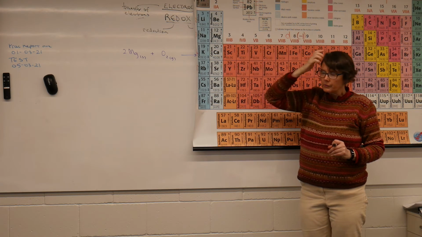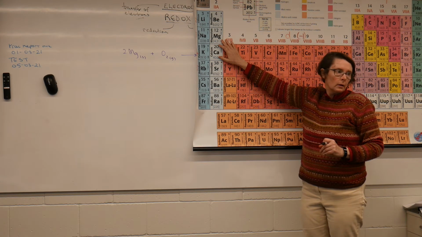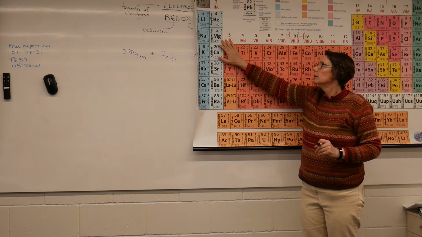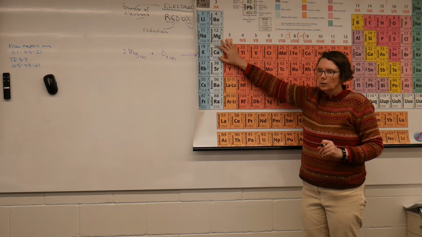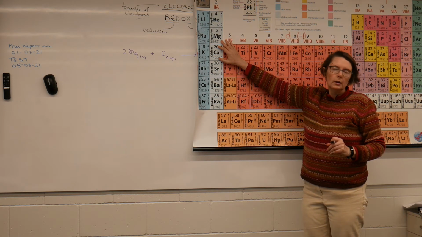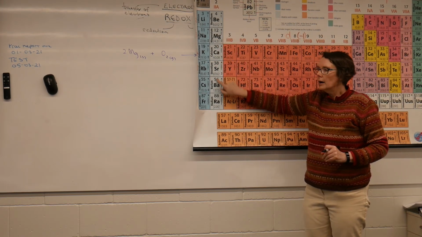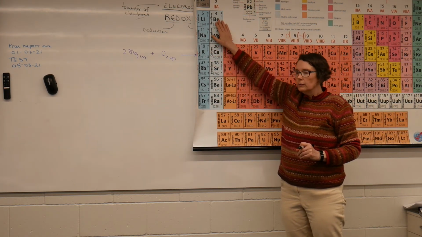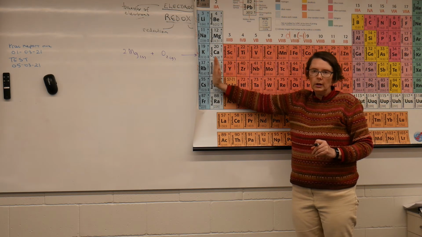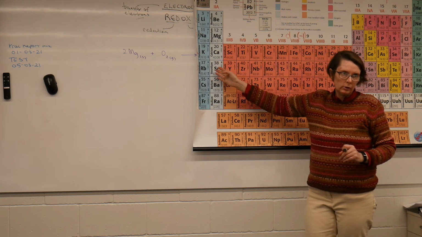What do you remember from 5th Sci about group 2 metals? Alkaline earth metals. What kind of ions do they form? 2 plus. The only ions group 2 metals can form are 2 plus ions. They're in group 2, they've got 2 valence electrons. They react by donating those 2 electrons.